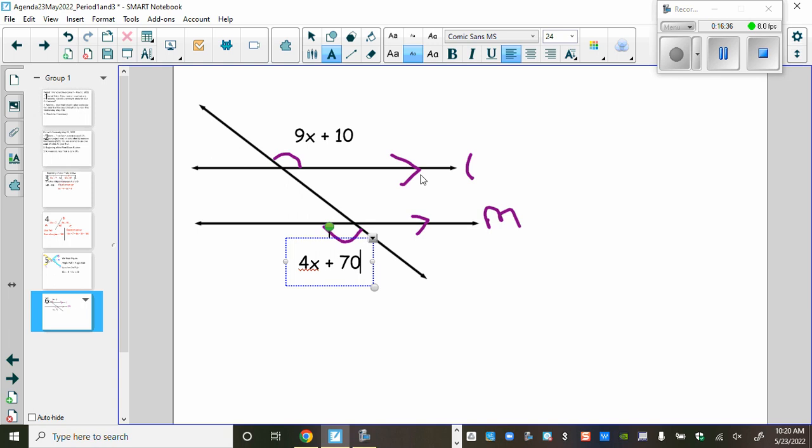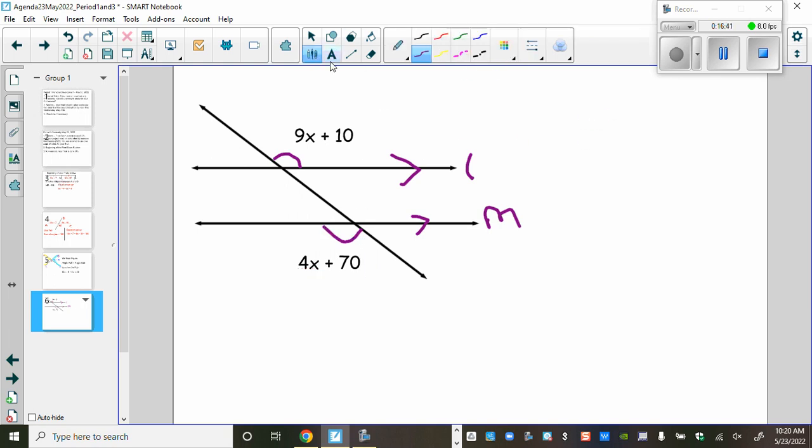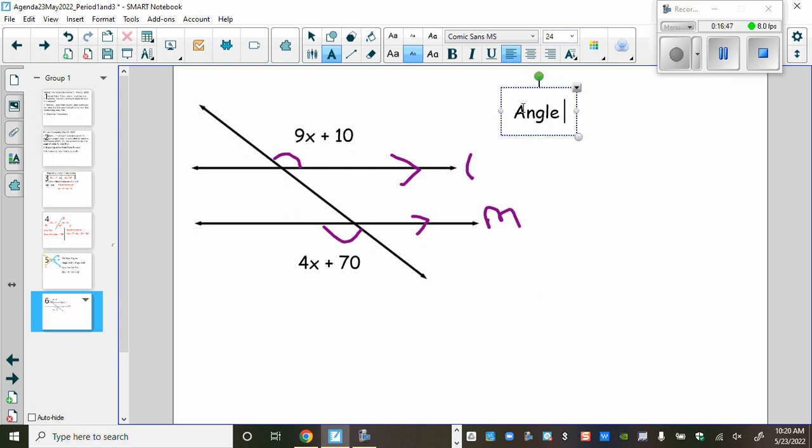Who could tell us what the relationship is between these two angles? Anybody remember the angle relationship taking place between these two angles? This is from Unit 2, Unit 2-3. 9x plus 10, 4x plus 70.